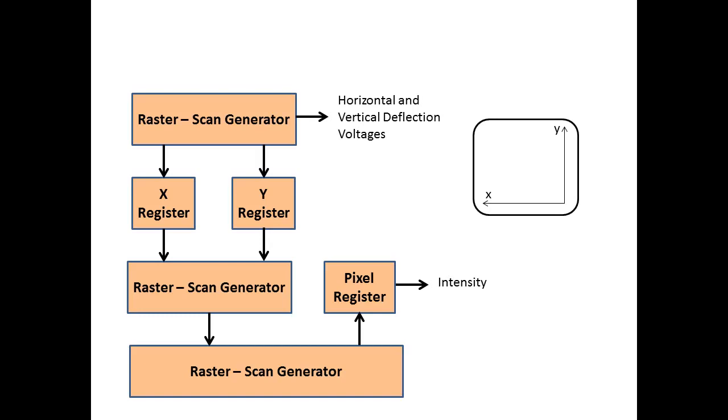To speed up pixel processing, video controllers can retrieve multiple pixel values from the refresh buffer on each pass. The multiple pixel intensities are then stored in a separate register and used to control the CRT beam intensity for a group of adjacent pixels.